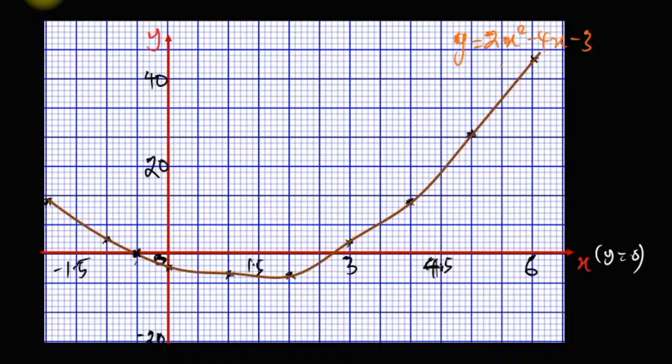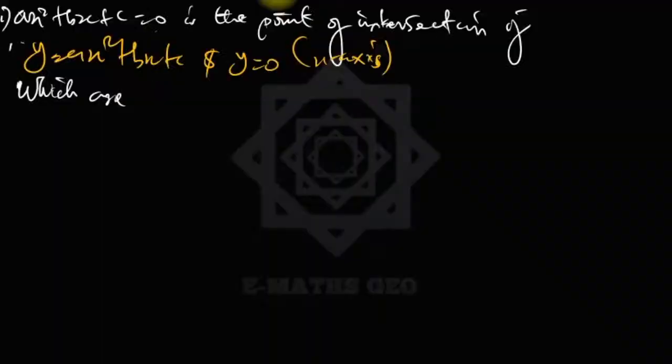So these points, maybe A, let's call it A. This point A, and this is point B. So the answer is points A and B, which are x equals minus 0.5, x equals 2.8. Yes. So these are the answers.